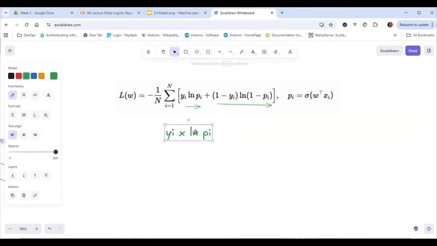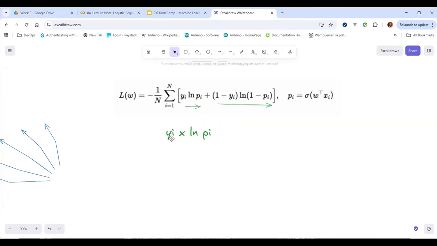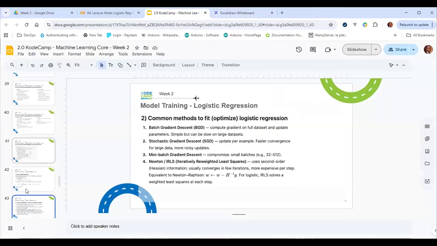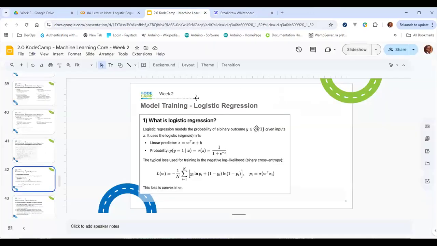And what ln does in this case is that it either gives you a 0 or a 1. Okay. If you remember what we said, the outcome is always between 0 and 1.